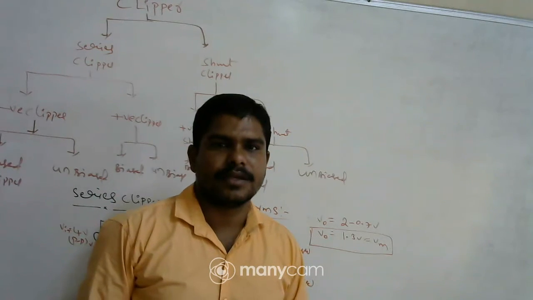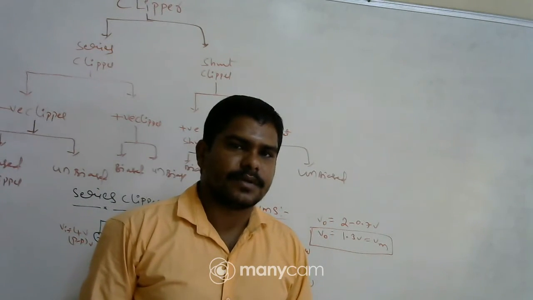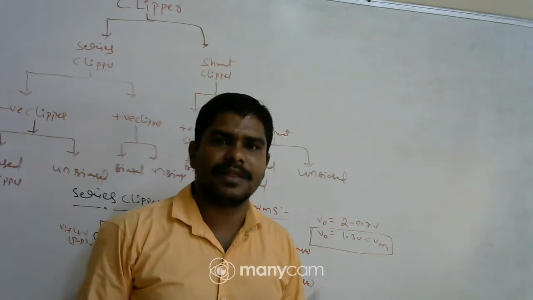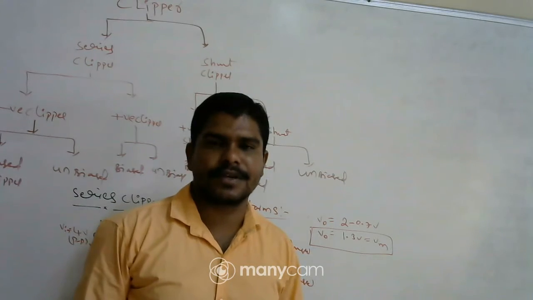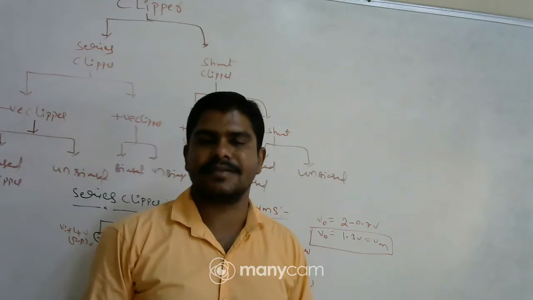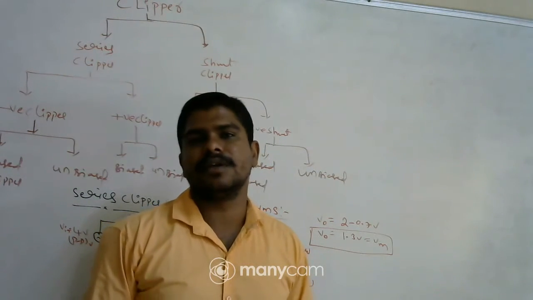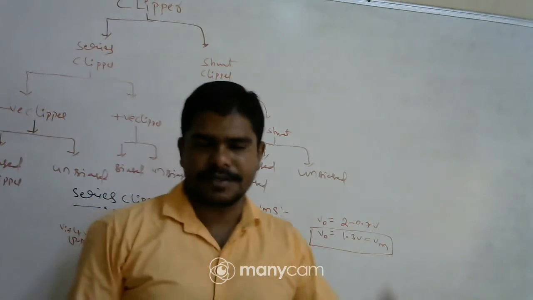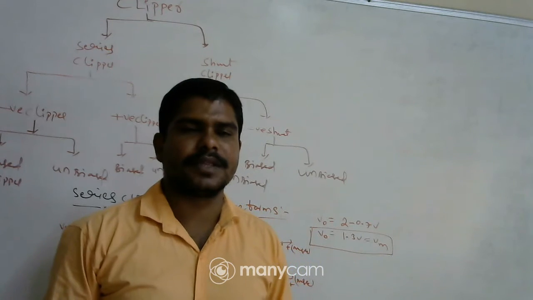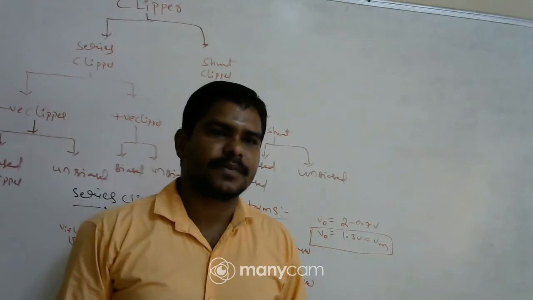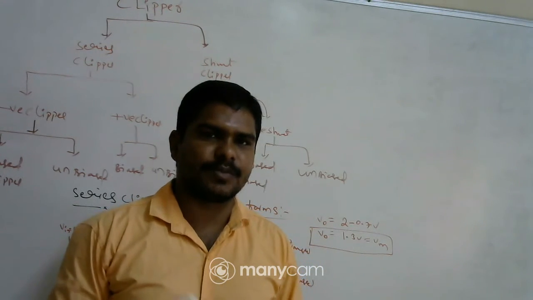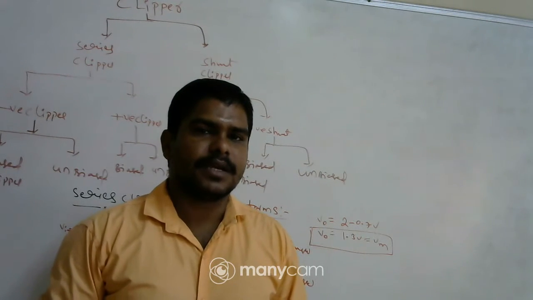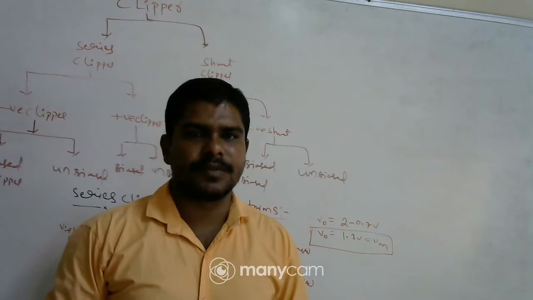Compared to the center tapped and half wave rectifiers, the bridge rectifier characteristics are very good. So we are taking the bridge rectifier to make the conversion of AC to pulsating DC, so that we are not getting pure DC.